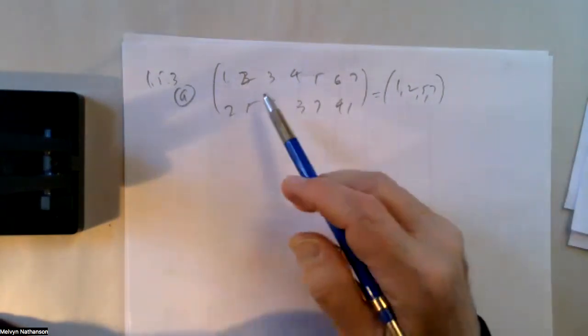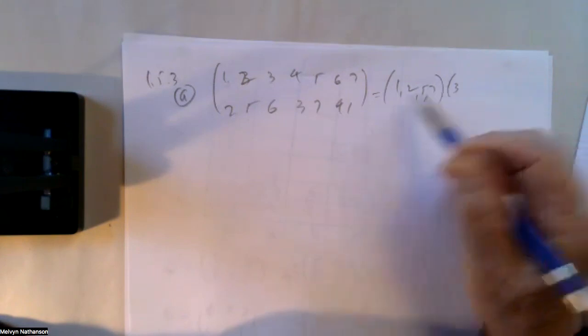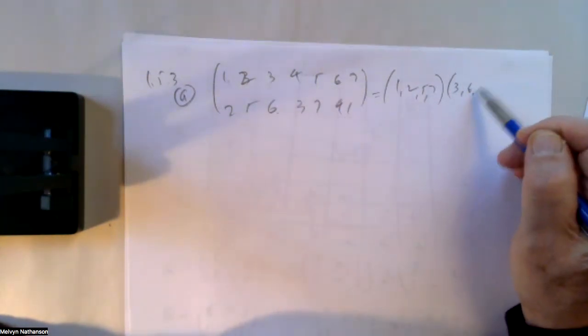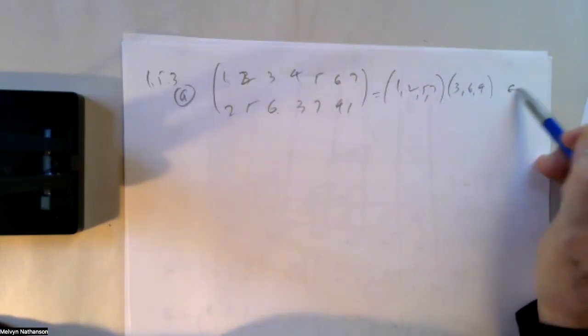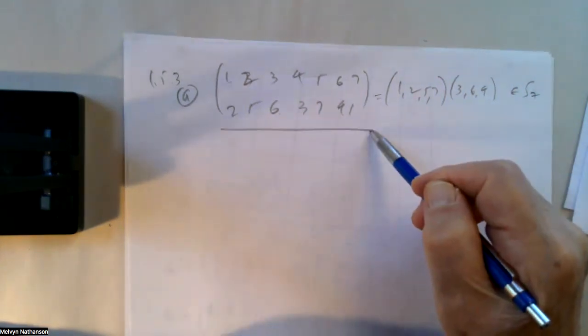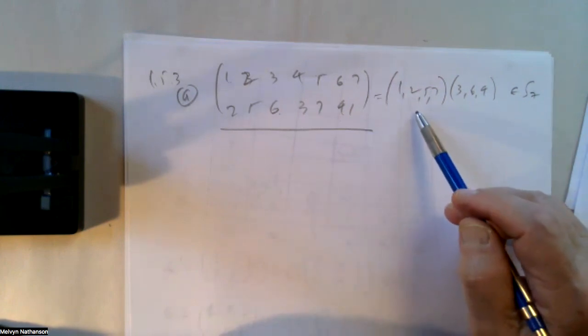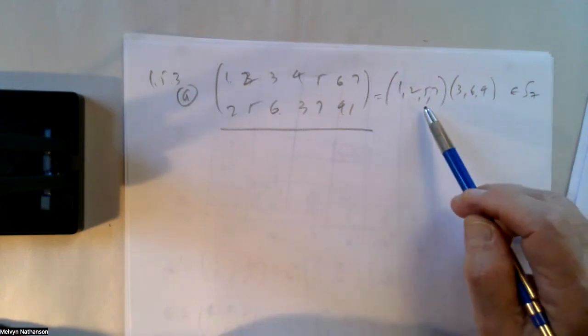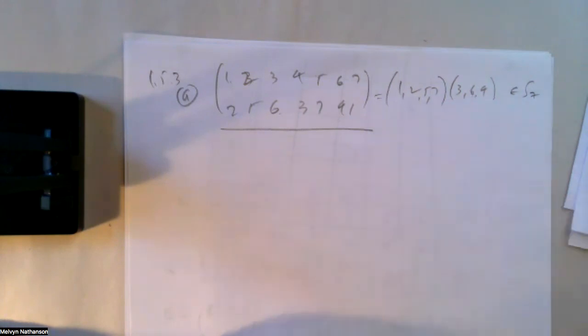So I have a 4 cycle. And 3 goes to 6, 6 goes to 4, 4 goes back to 3. So this is in S7. It's a permutation of the first 7 numbers. And this permutation is a product of two disjoint cycles, a 4 cycle and a 3 cycle.